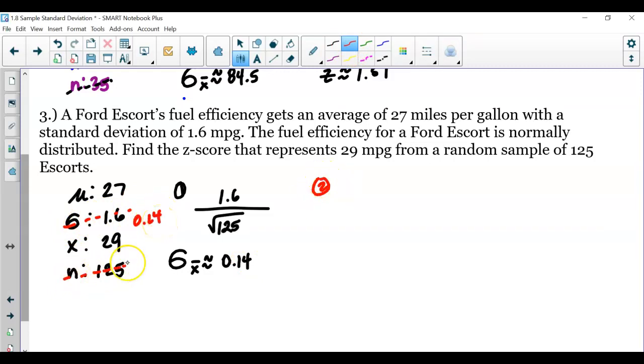We didn't need the sample size anymore. We use that to calculate our new standard deviation. And you should have set this up as 29, that's your x, minus the mean, 27, divided by the standard deviation of the sample, which was 0.14. So the z-score you should have gotten was approximately 14.29.